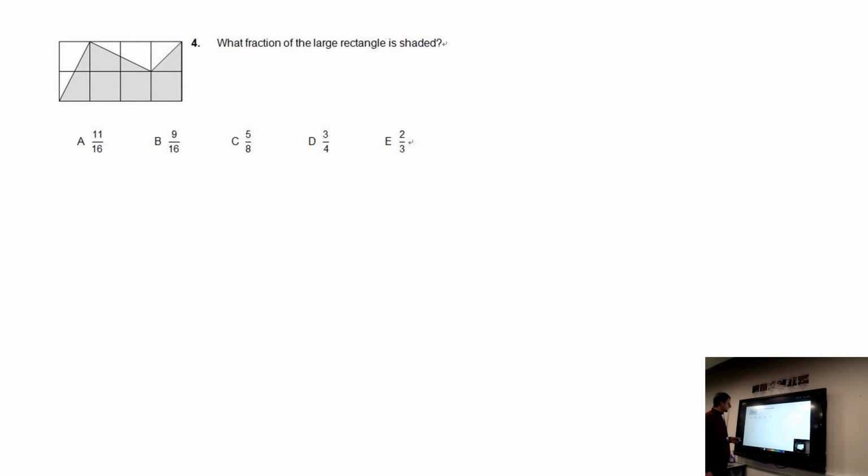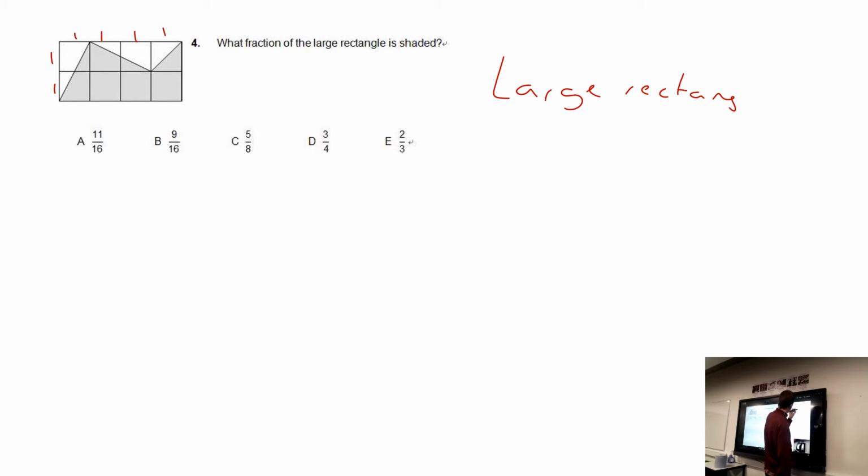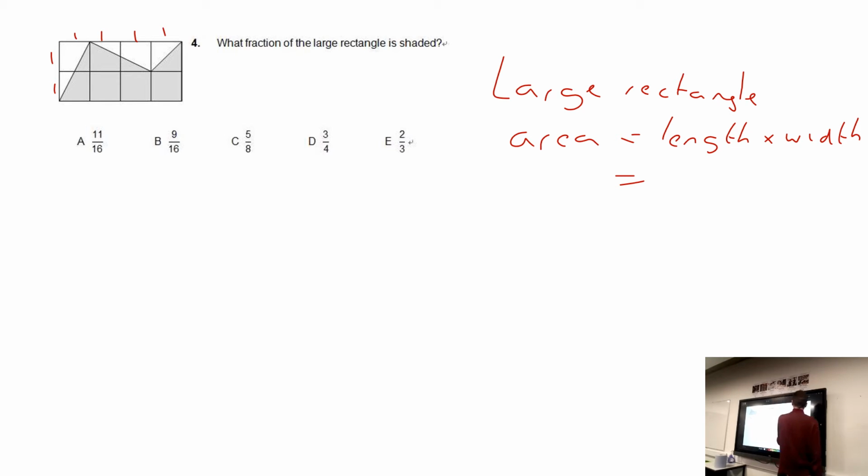Okay, so what fraction of the large rectangle is shaded? I'm going to say each side of the square is 1. So the large rectangle area is equal to the length times the width. The length is 4 and the width is 2, so that's 8.